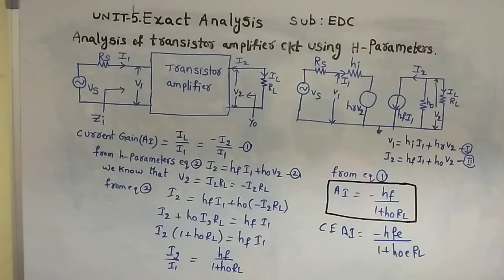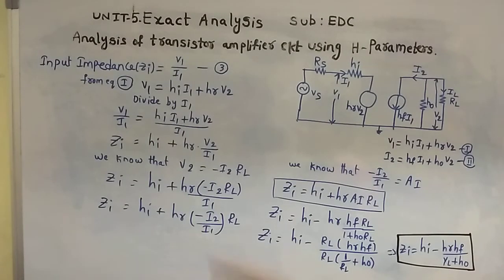In place of H parameters, the second suffix indicates the configuration. This HFE second suffix indicates the common emitter configuration. If it is a common base configuration, you can write HFB by 1 plus HOB into RL. That is the current gain. Similarly, you can find the remaining parameters.